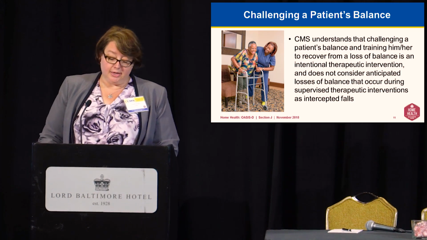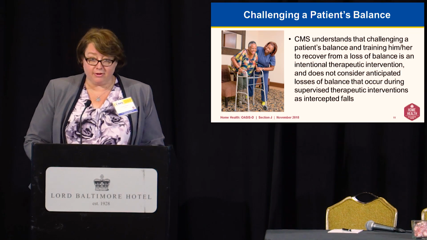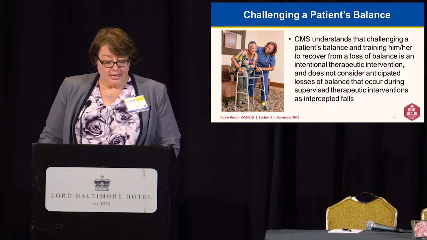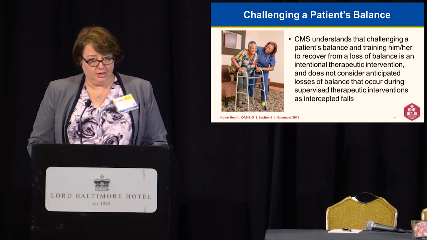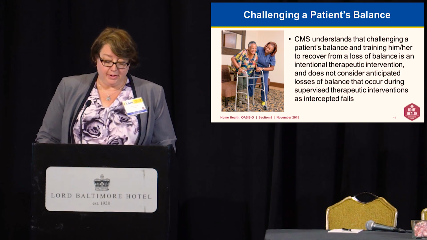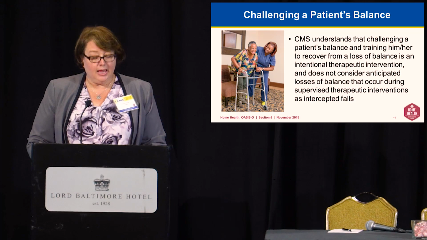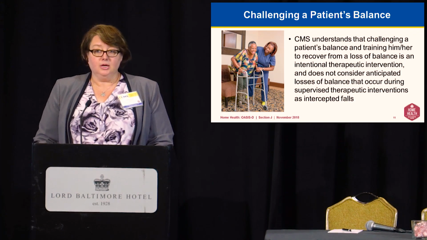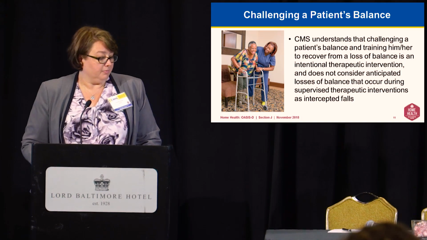CMS understands that challenging a patient's balance and training him or her to recover from a loss of balance is an intentional therapeutic intervention and does not consider anticipated losses of balance that occur during supervised therapeutic interventions as intercepted falls.